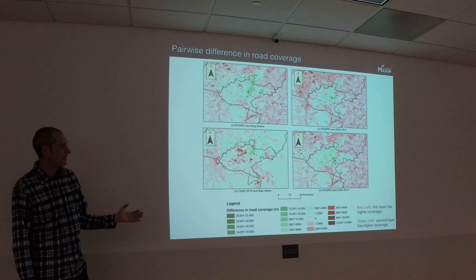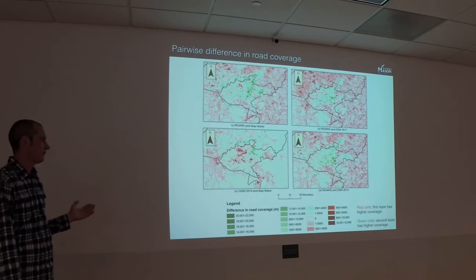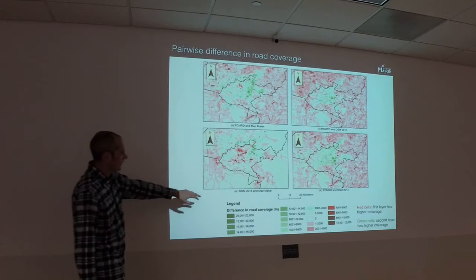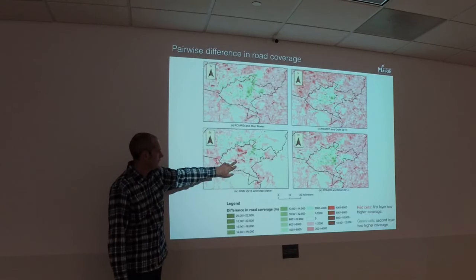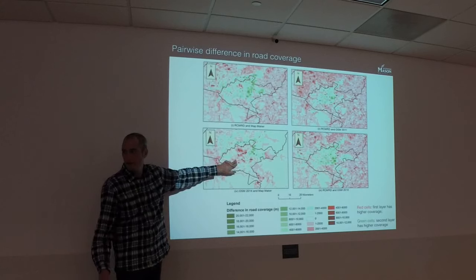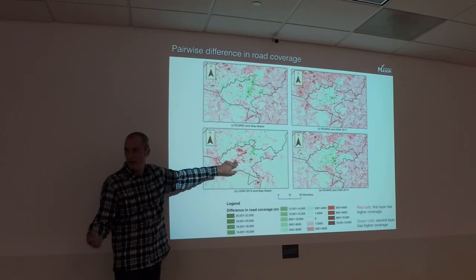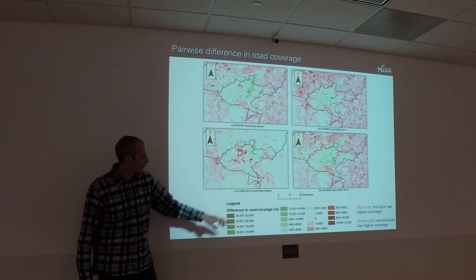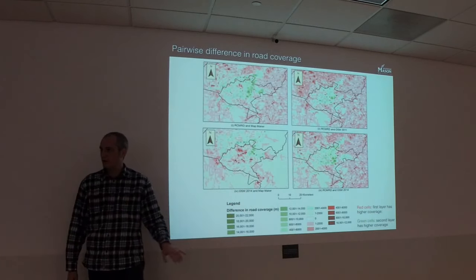What you basically are seeing here is a difference map. Red, the first layer, has more coverage. So in this example, when it's red, it means that OSM has more coverage in that area than MapMaker. Green is the opposite way around: the second one, MapMaker, is better than OSM.